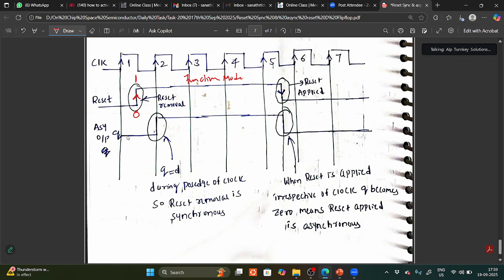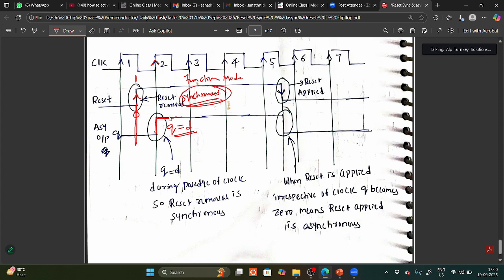During this reset removal, the output is not following the input. When it is following the input, during this clock edge, the output q is following the input. So I can say that reset removal is synchronous with the clock.